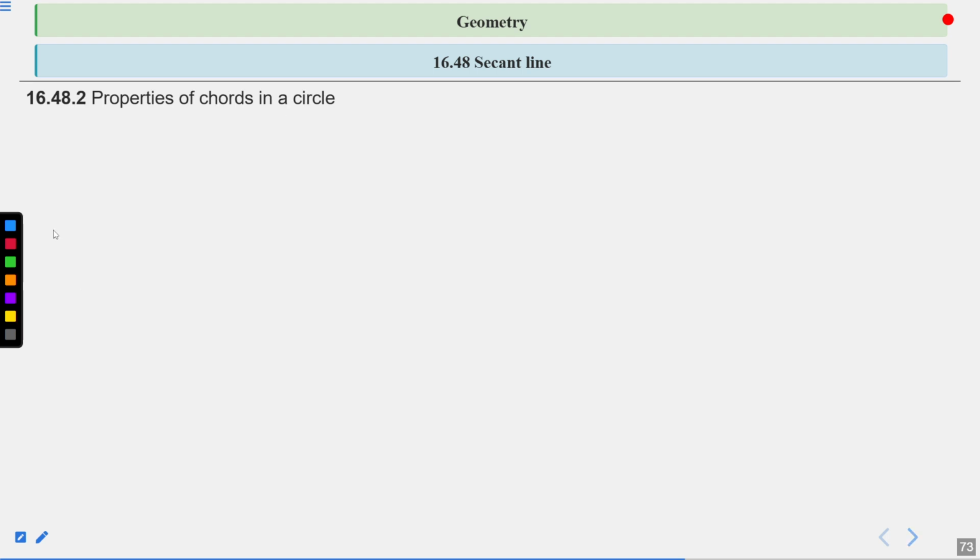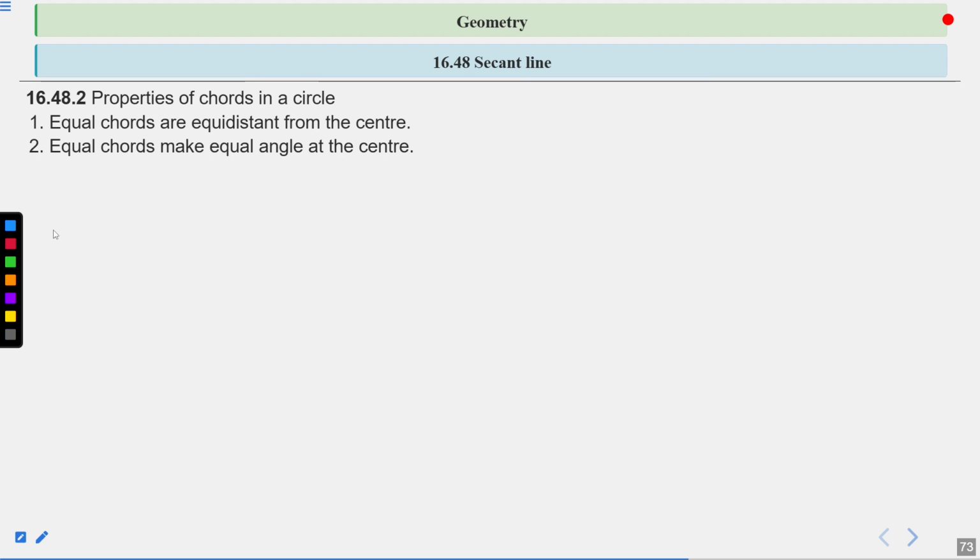Property of chords of a circle. Equal chords are equidistant from the center. Equal chords make equal angles at the center. We can see in this diagram, if AB equals CD, it means the perpendicular distance between them is equal.